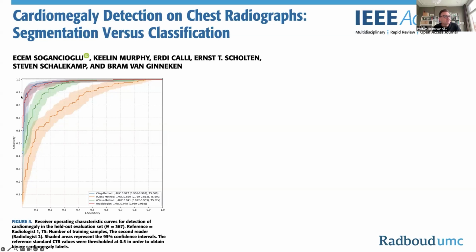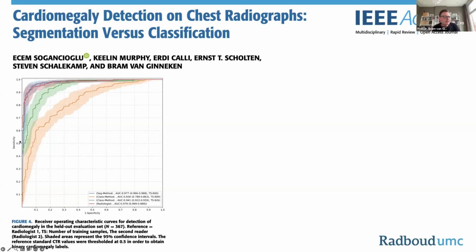And what you see here in the blue line is the result of our software, which is working just as well as radiologists if we actually find the heart and the lungs and do the measurements with the software. So we segment these structures and do the right measurement. But what most commercial software does is just take images with a label, cardiomegaly, yes, no, and train a neural network.